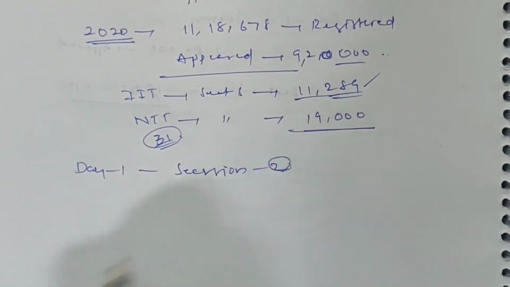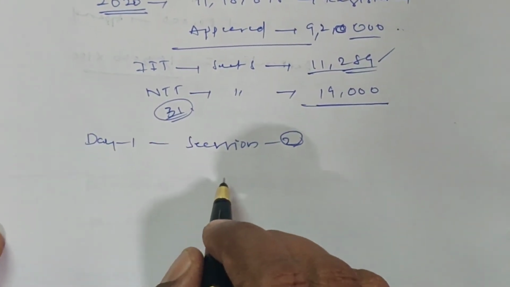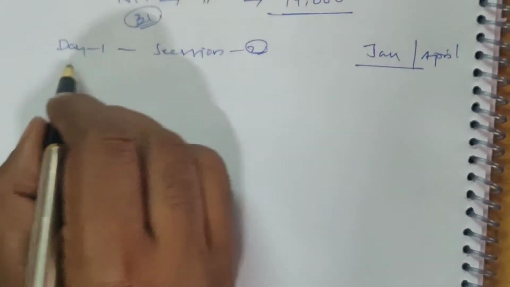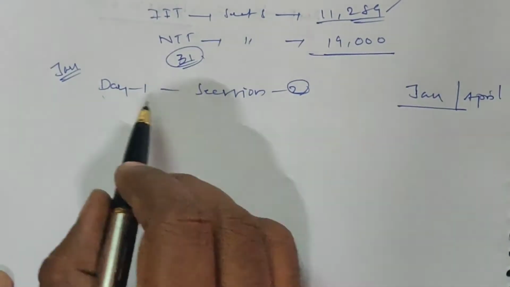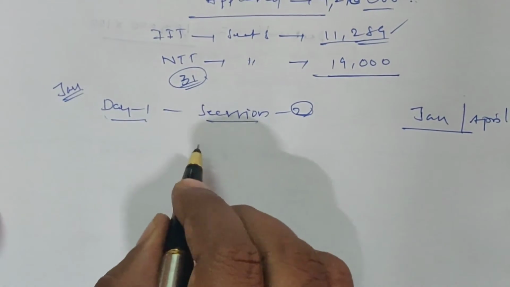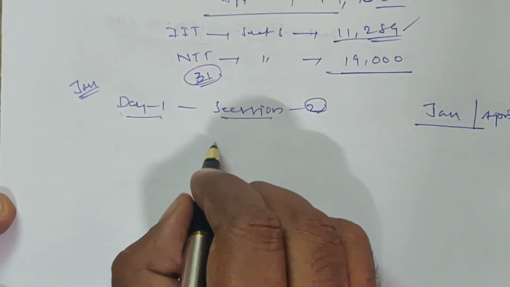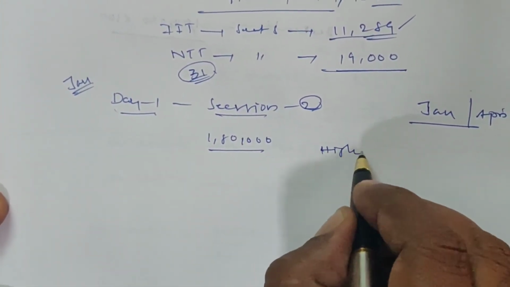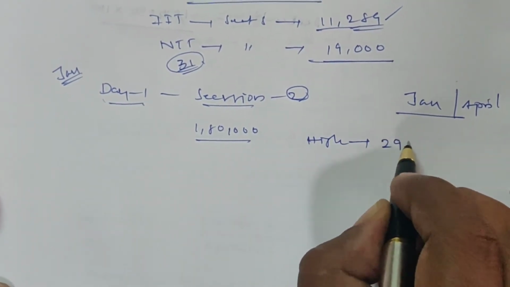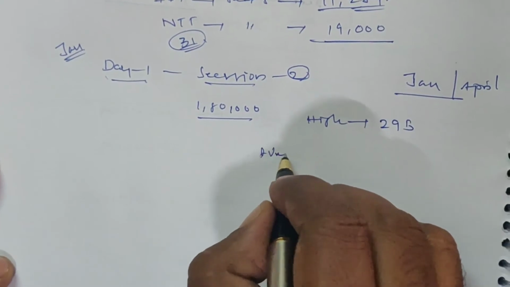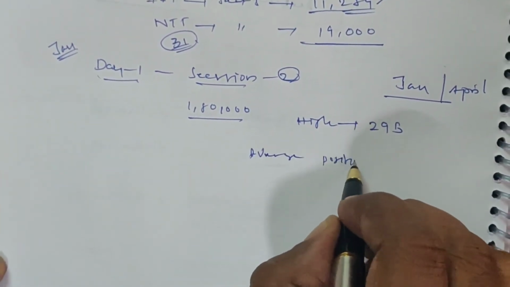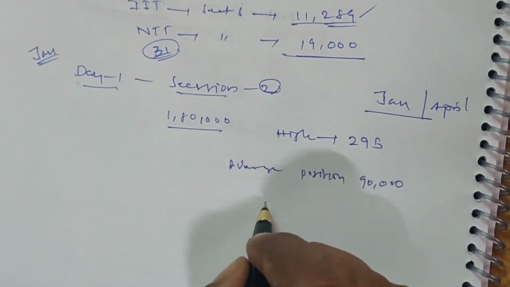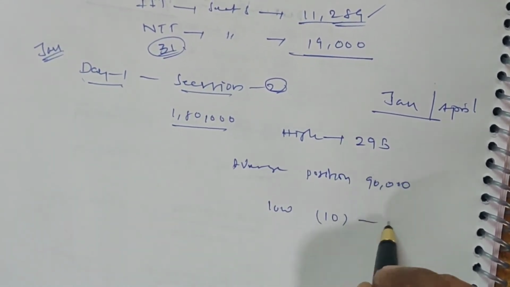IIT JEE is conducted in two phases, one in January and another in April. In the January phase, assume day 1 session 2, about 1,80,000 students appeared. Assume the highest marks is 295 and the average position is 90,000.